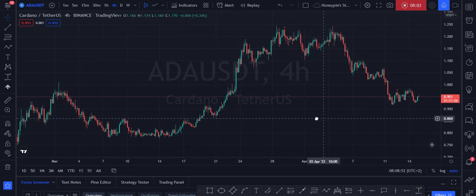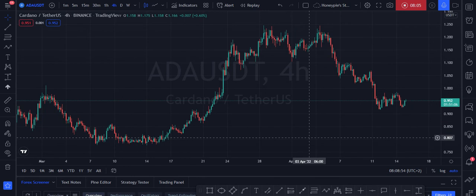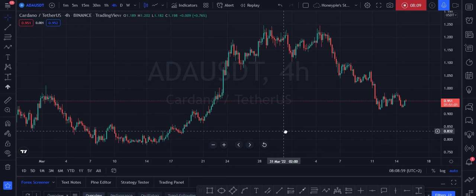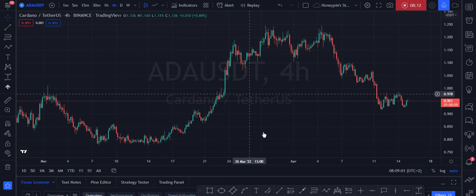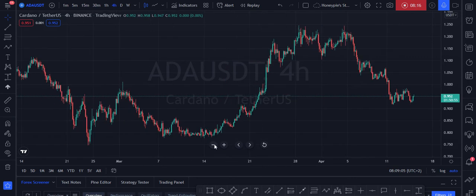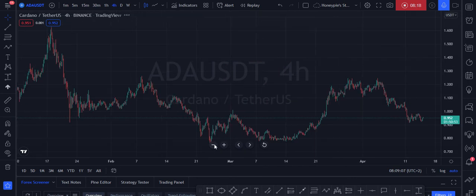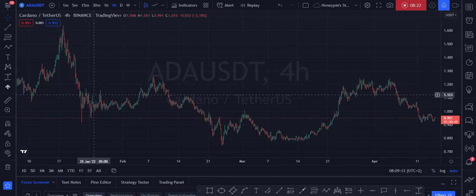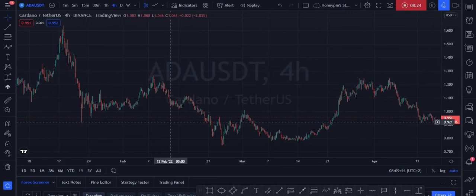That's what we're going to make an example with. With this, we are going to be spotting out the support and resistance on this chart. So permit me to zoom out. The essence of zooming out is for me to see more data on this chart.